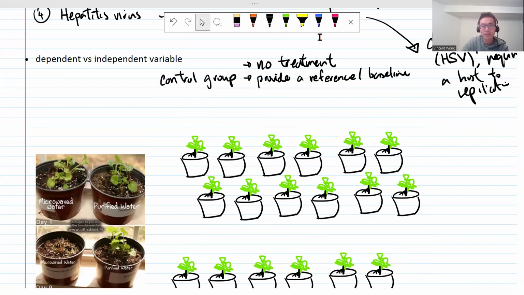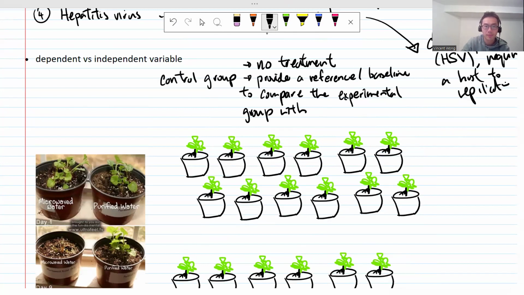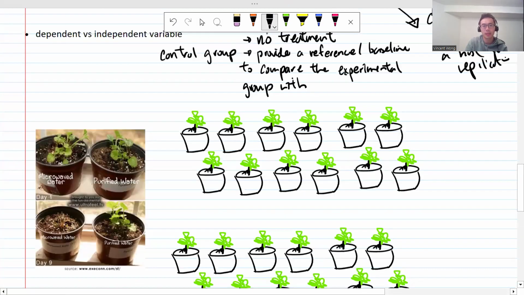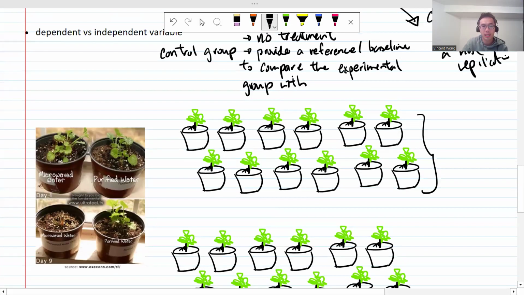The purpose of the control group is to provide a reference or a baseline to compare the experimental group with. So this is my control group, and what are they going to be receiving?